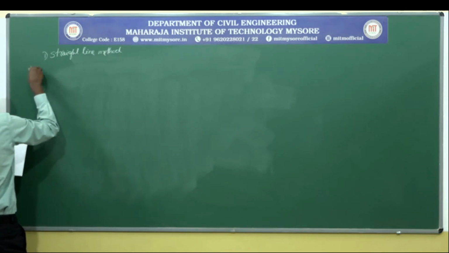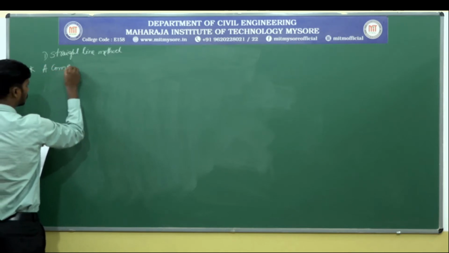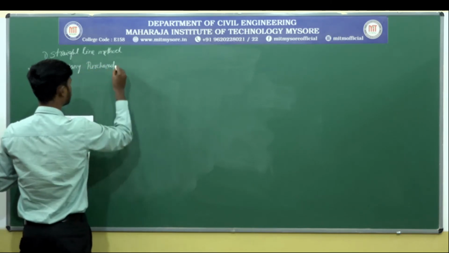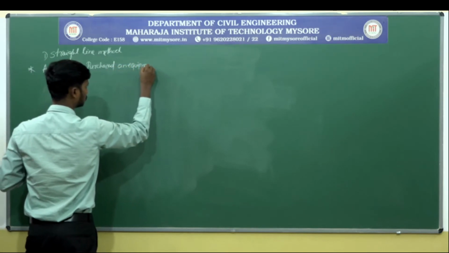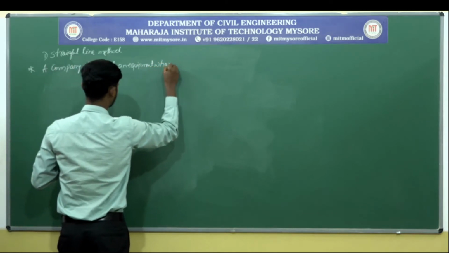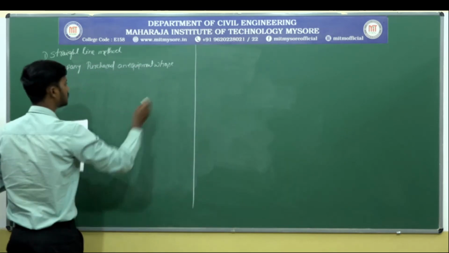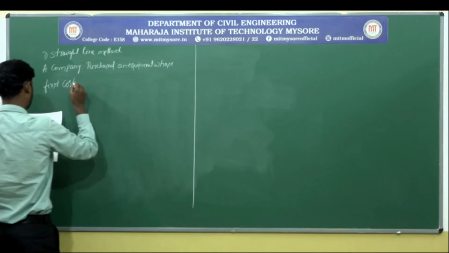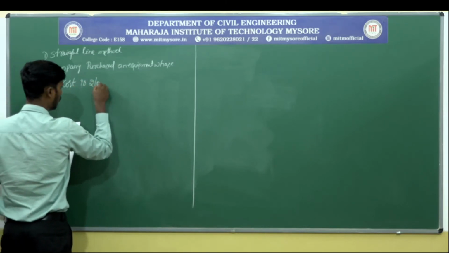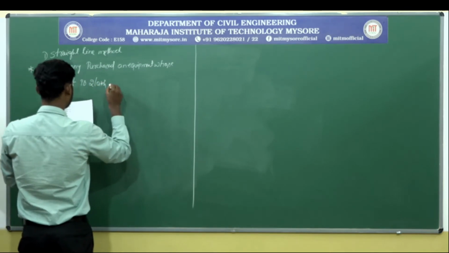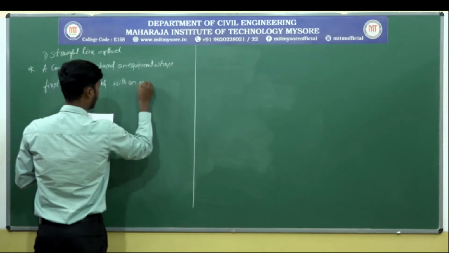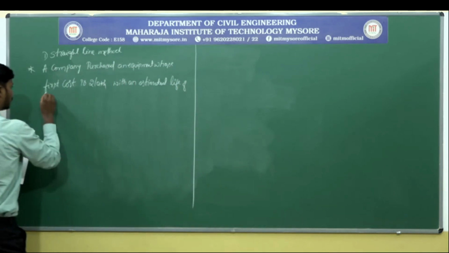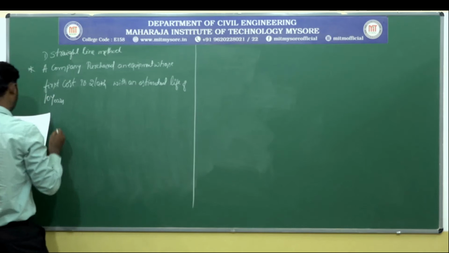In problem number one, a company purchased an equipment whose first cost is 2 lakh rupees, with an estimated life of 10 years. The estimated life is given as 10 years, full stop.